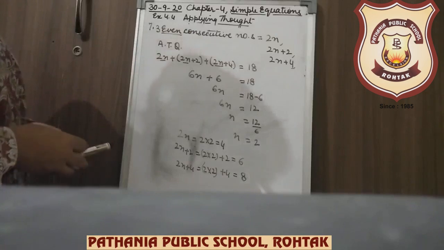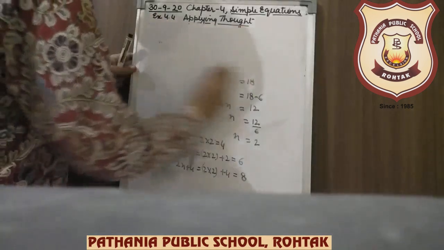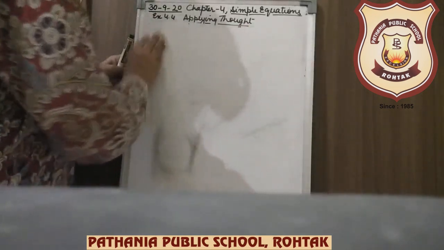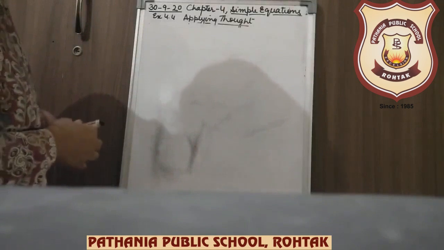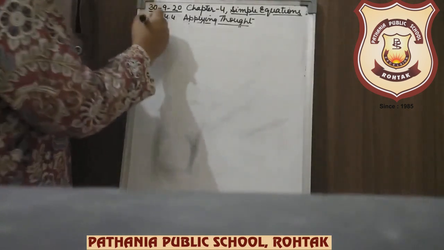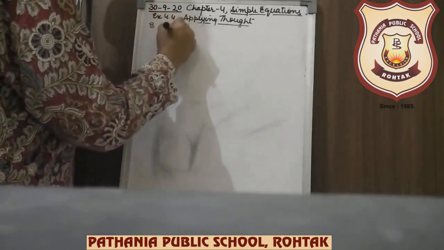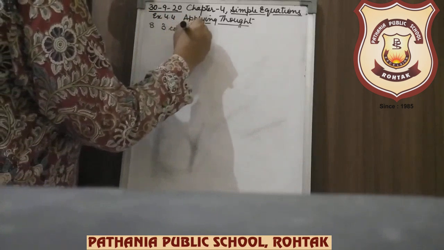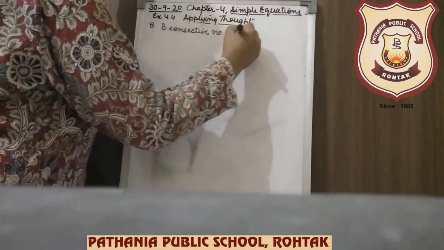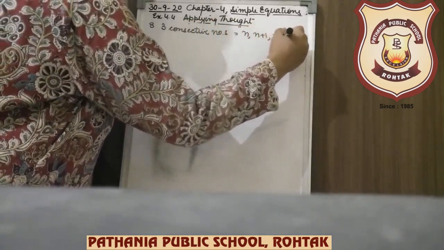Okay, and then comes your question number 8. Consecutive numbers and their mean. 3 consecutive numbers: n, n plus 1, n plus 2.